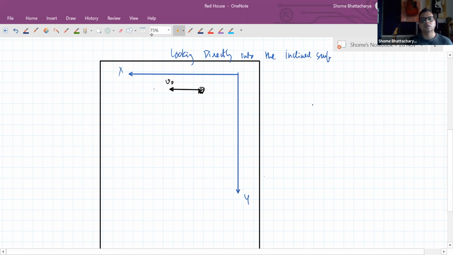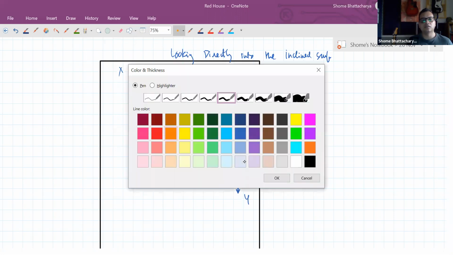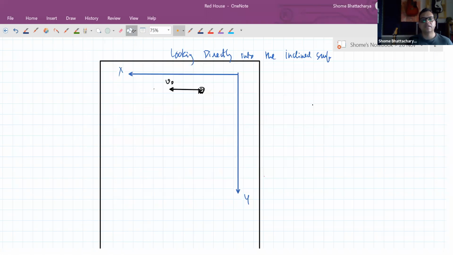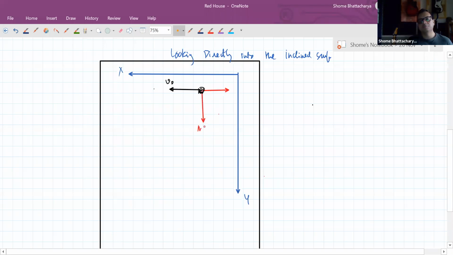v naught. Whereas the two forces that you will see in this particular diagram's angle are friction and mg sin theta. So you will see mg sin theta and you will see kinetic friction. Now the kinetic friction, which is mu n, will have a magnitude of mg sin theta only.